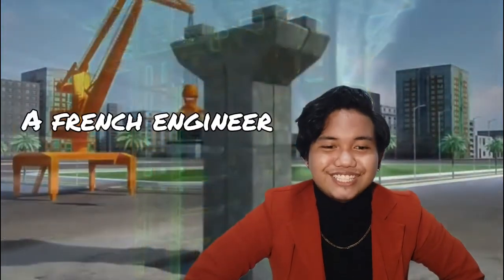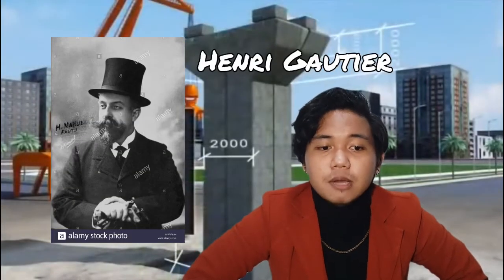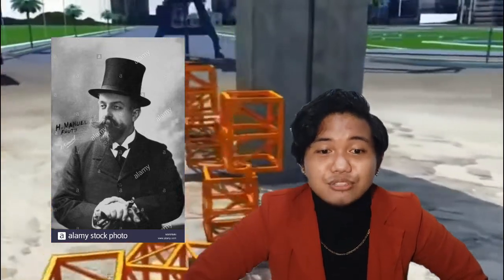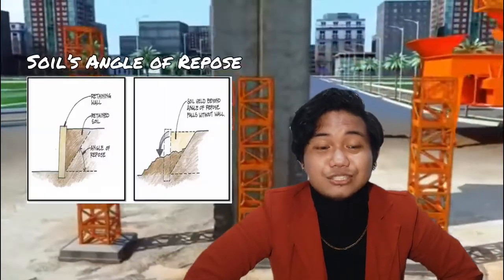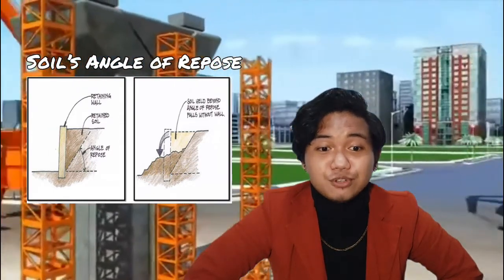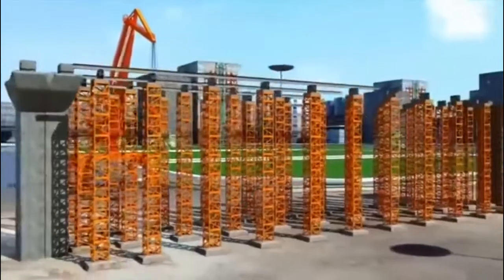A French engineer by the name of Henry, also known as Hubert Gautier, recognized natural slope of different soils, an idea which later on developed into something known as soil's angle of repose. And then more principles of soil mechanics came into existence.